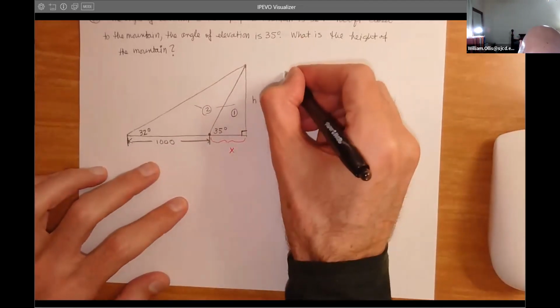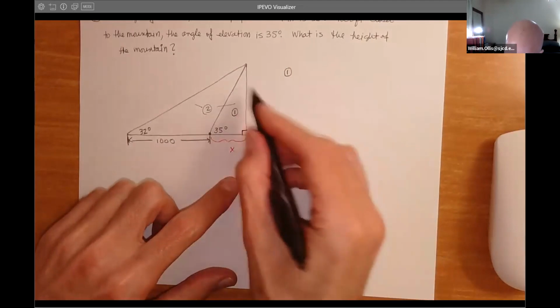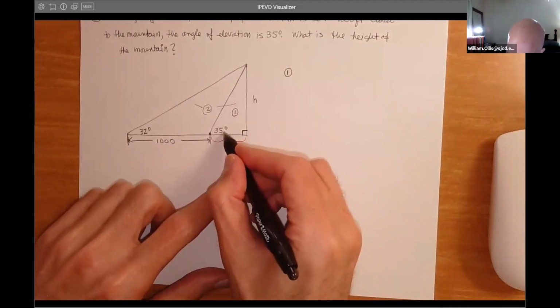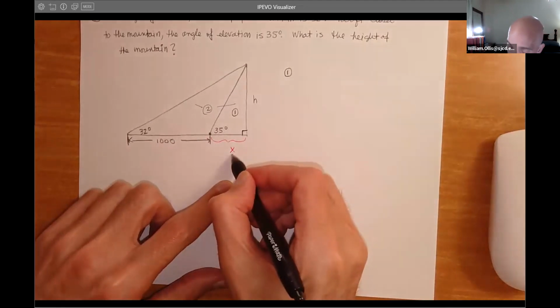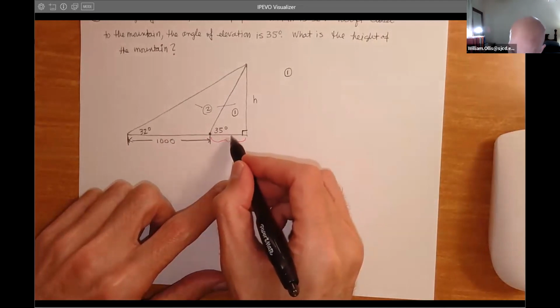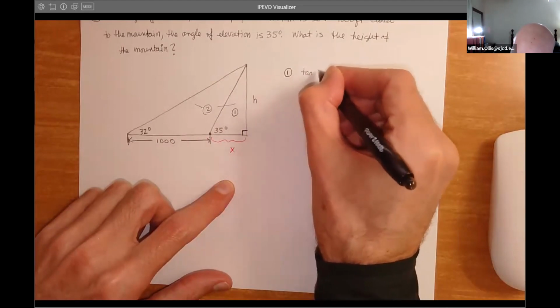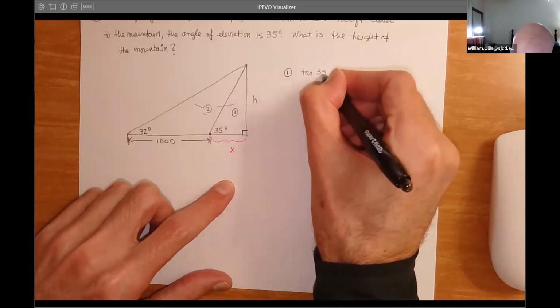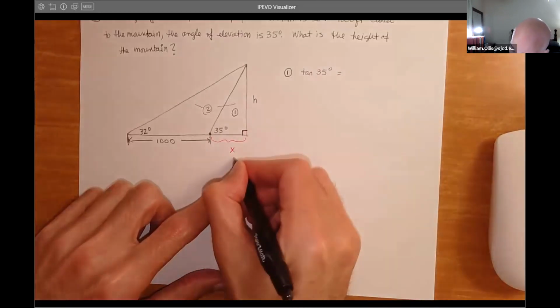So let's look at triangle 1. Notice here, we've got this 35-degree angle, and we have the opposite side, and we have the adjacent side. Since this is not a famous triangle, let's go ahead and use our trig ratios. So from 1, we have tangent of 35 degrees, which is not a very nice number, equals opposite over adjacent.